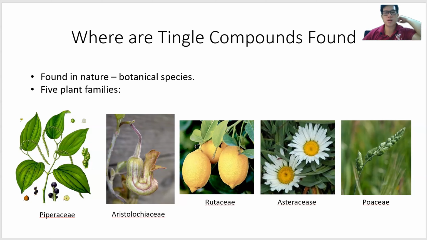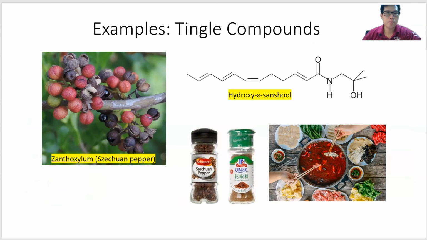So where are the tingling compounds found? Usually you find them in botanical species. There are a lot of plants that contain these tingling compounds, for example from the Piperaceae, Aristolochiaceae, Rutaceae, Asteraceae, and Poaceae. These are different types of plant species that contain the compound.